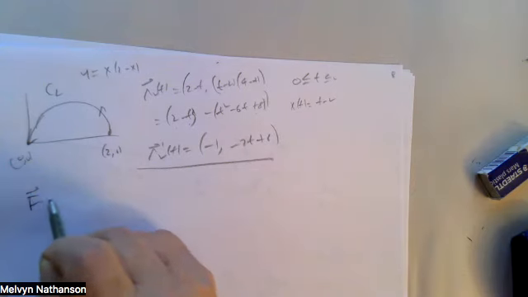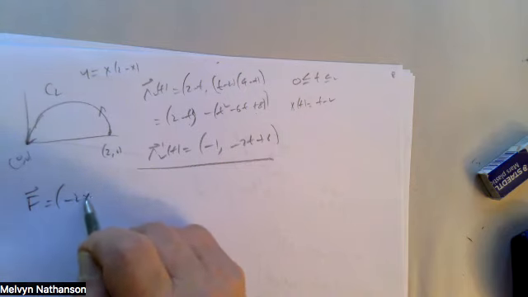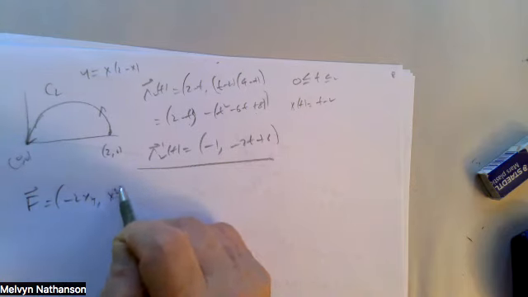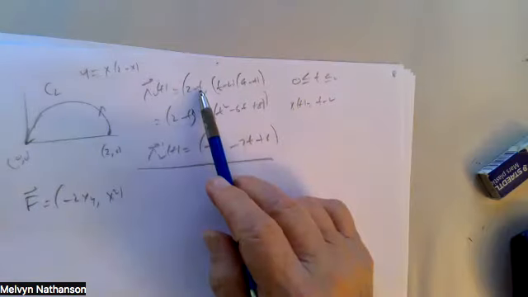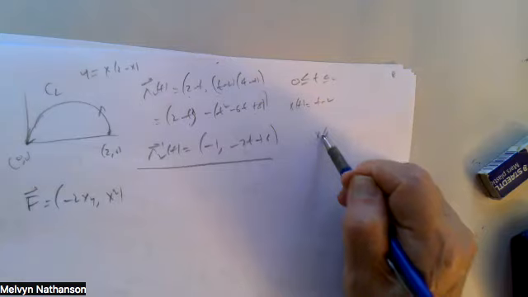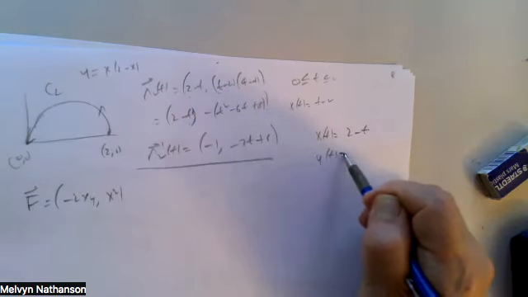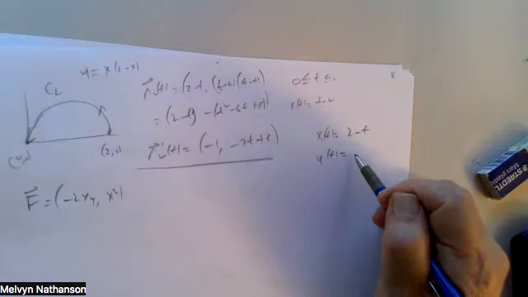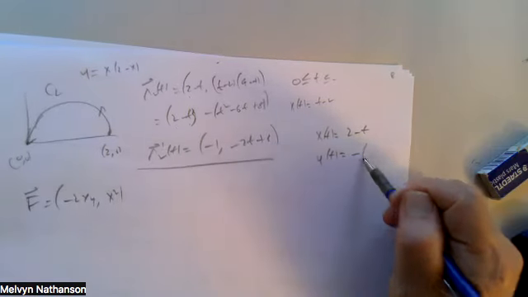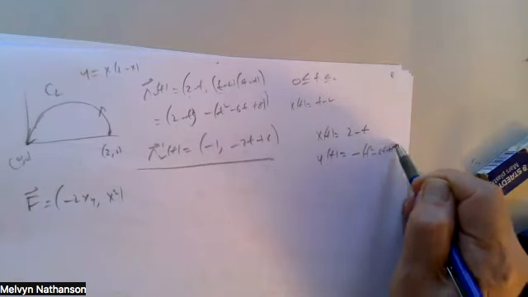And F, which is equal to minus 2xy, comma x squared, for this function, this is my x. X of t is 2 minus t, and y of t is minus t squared minus 6t plus 8.